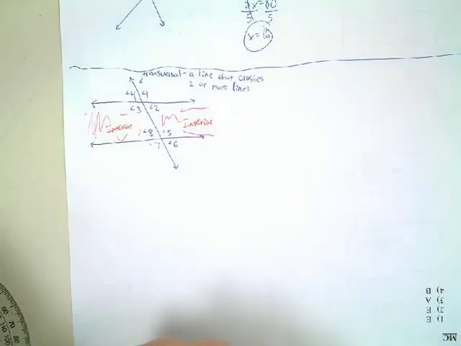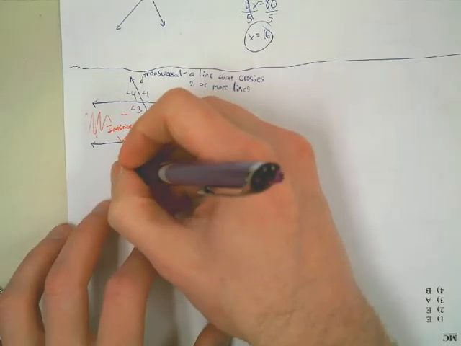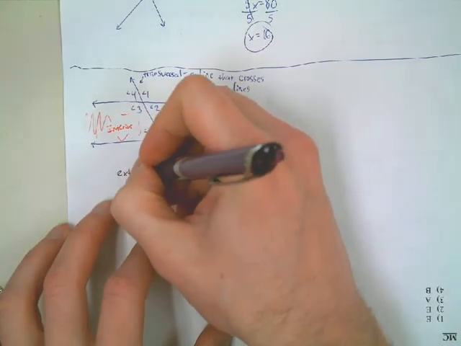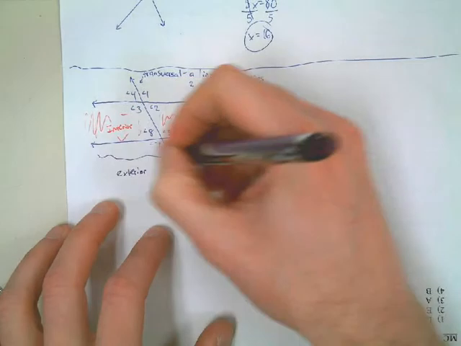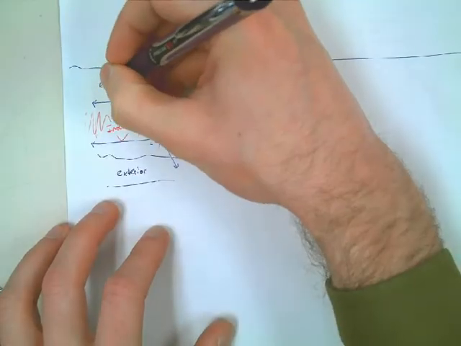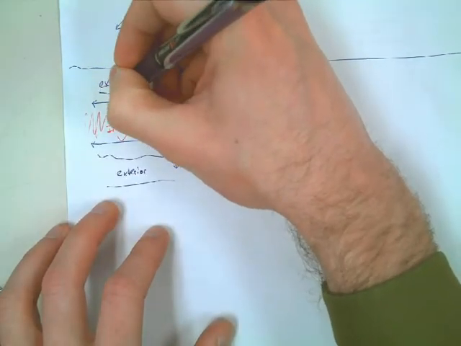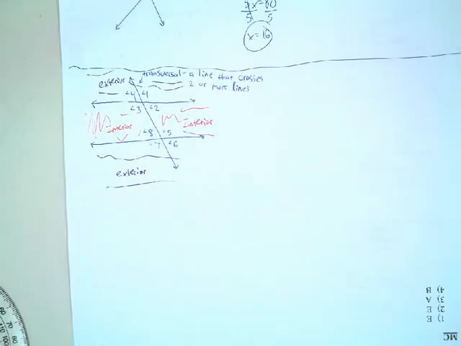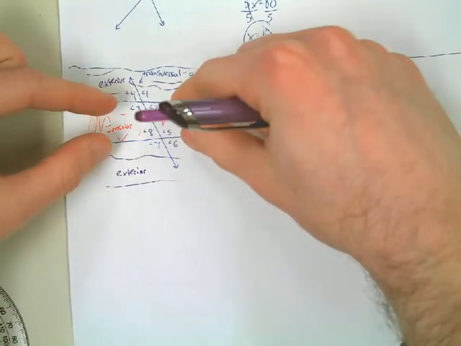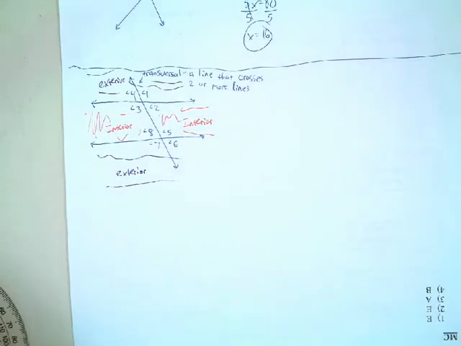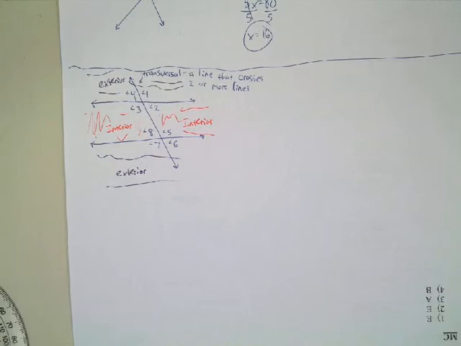So that's exterior, and this is also exterior up here. Okay. So the interior is between the 2 lines, the exterior is on the outside of those 2 lines. All right. So then here are the relationships that we're going to talk about. There's 4 more here, and that's it. We're not going to do any math with these, we're just going to identify them.